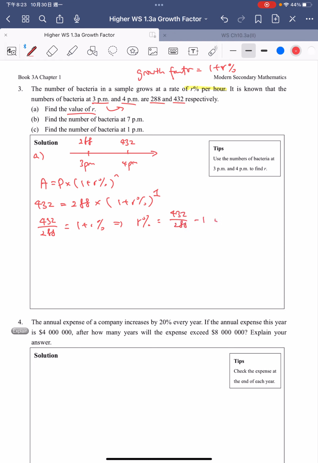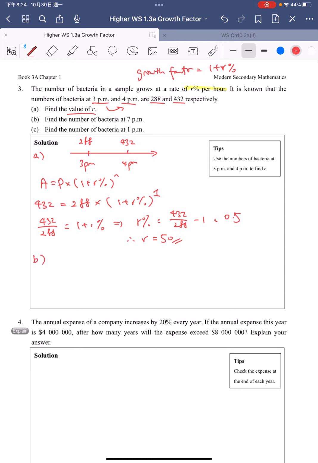Using your calculator, you get 0.5. Sorry, it's not 0.5%, it's actually 0.5, so R is equal to 50, because what we want is 50%, isn't it? Okay, so that's for question A.